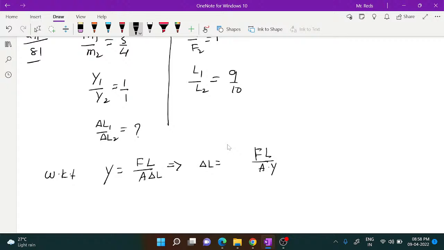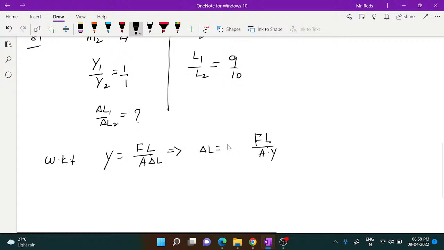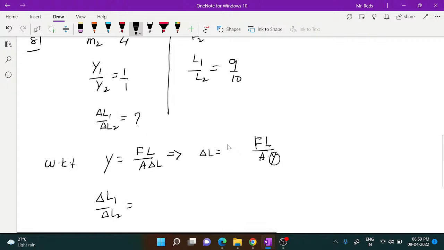We are asked about the ratio of extensions produced in the two wires, delta L1 by delta L2. Two wires are made of the same material, so Y is constant, and they have the same applied load, so F is constant, and the ratio of lengths is given.